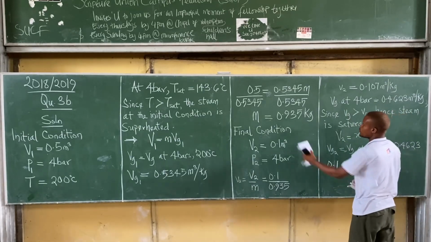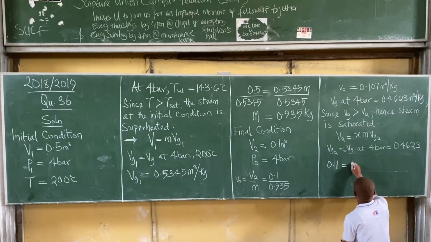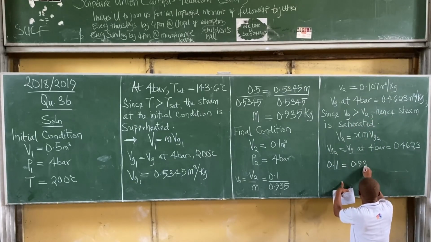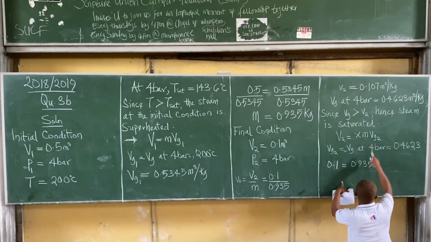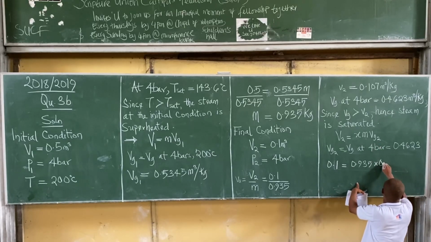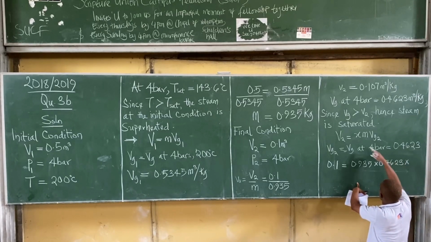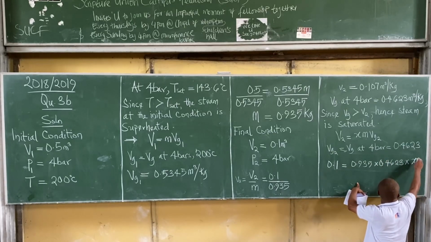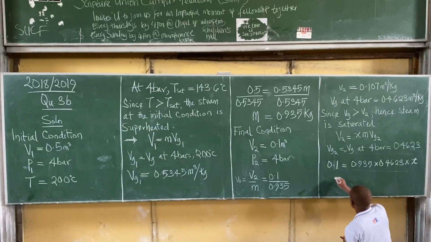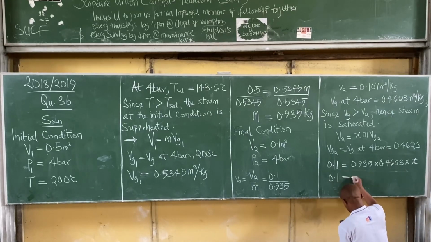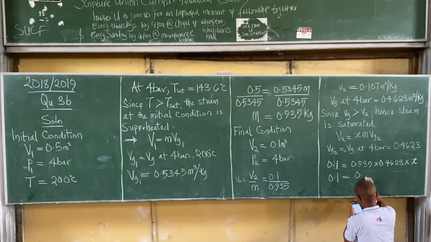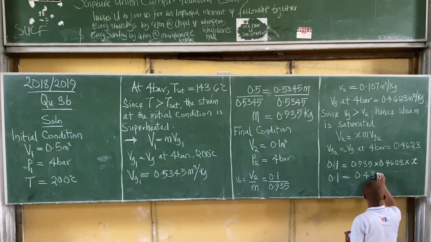Our mass was gotten to be 0.935, multiplied by our Vg2, 0.4623. Multiplying that, we get that this is equal to 0.4322x.